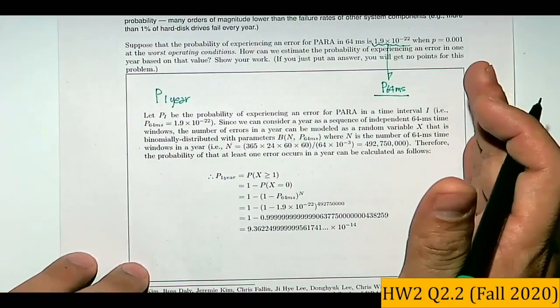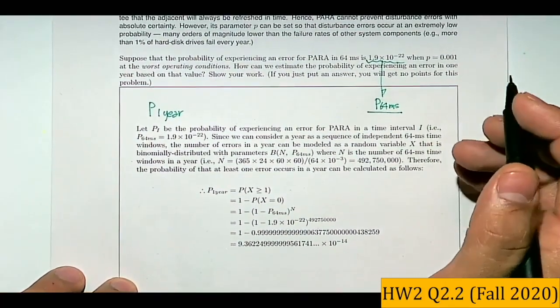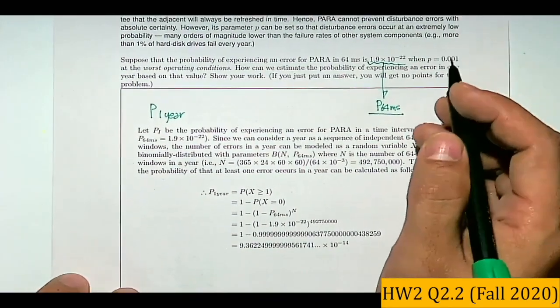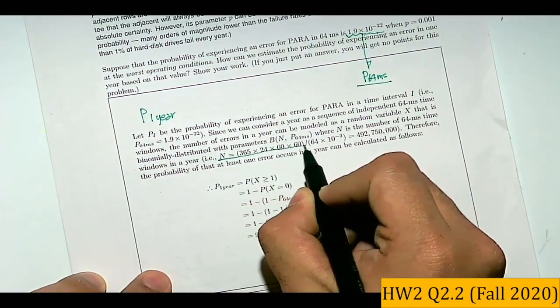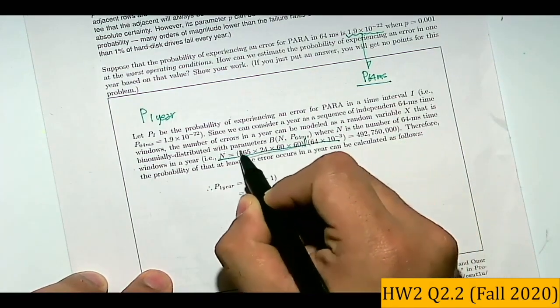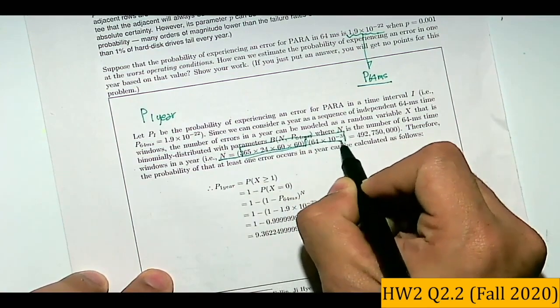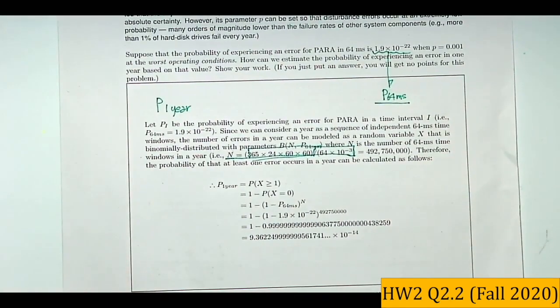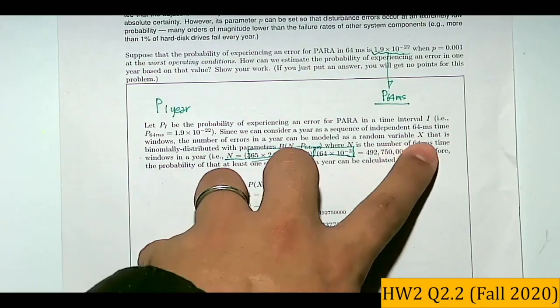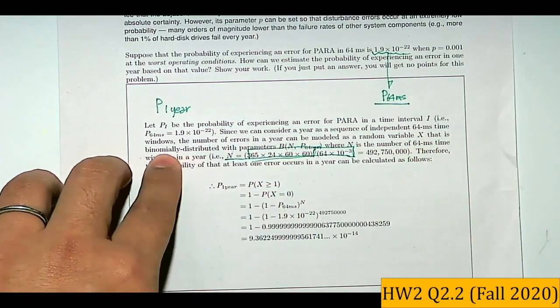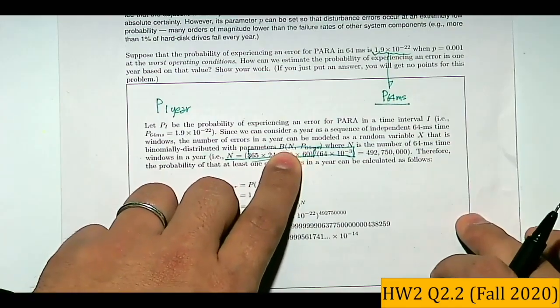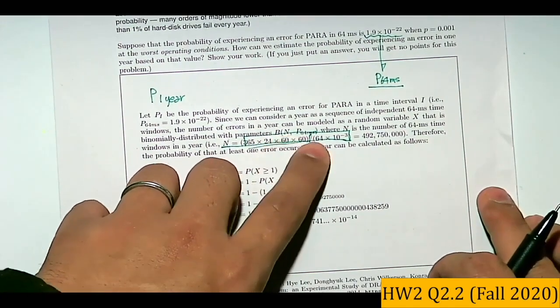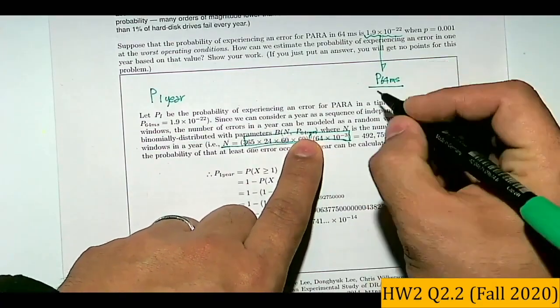Then we can consider a year as a sequence of independent 64 millisecond time intervals, and the number of 64 millisecond time intervals like this, let's say this is M. The number of errors in a year can be modeled as a random variable which follows a binomial distribution with the parameters n, where n is the number of 64 millisecond time intervals, and the probability is this value.